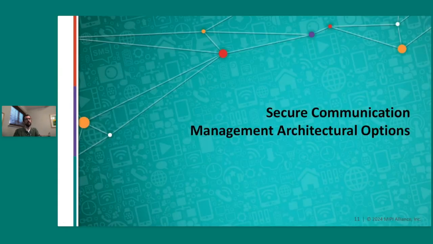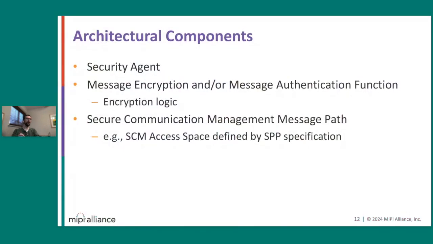Switching layers a little bit to the secure communication management architectural options. We talked a little bit about how the message protocol works and that message layer formatting. This now talks about how we architect the architectural components, and then examples of architectural options for how this secure messaging can be done.